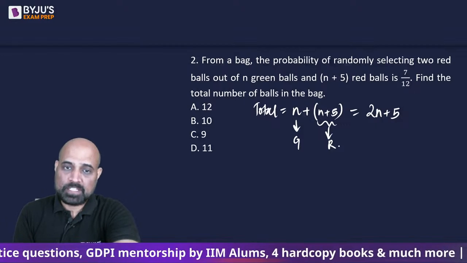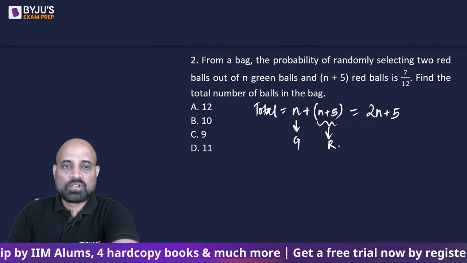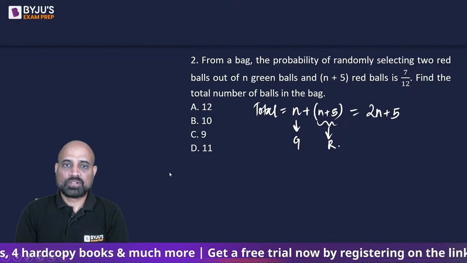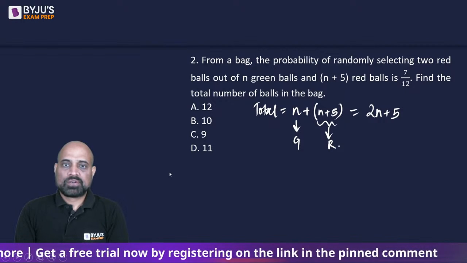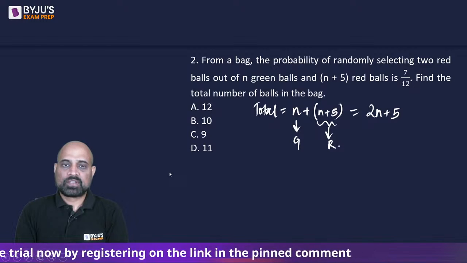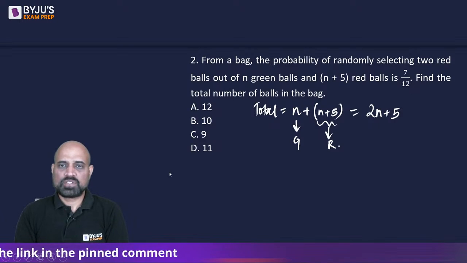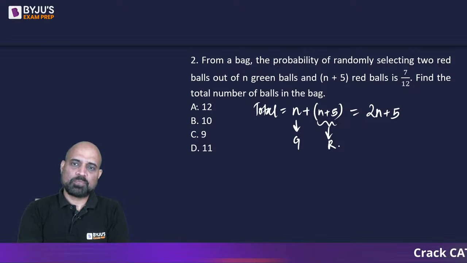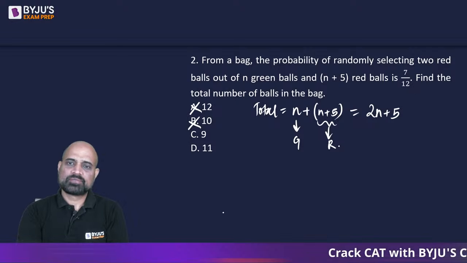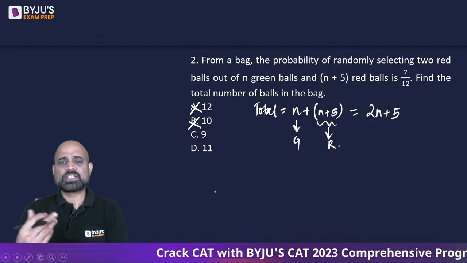If the total is 2n plus 5, so what we can do is we can look at the options to get the answer. Okay. So what can 2n plus 5 be? 2n plus 5 cannot be A or B, right? If 2n plus 5 is 12, n will be a fraction. 2n plus 5 is going to be odd, in other words.